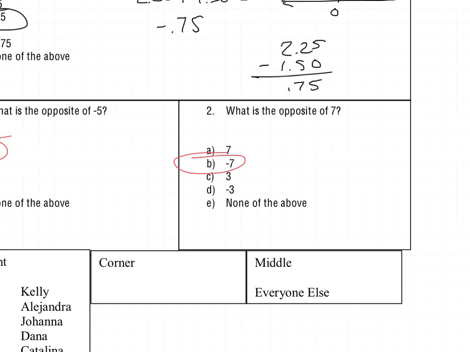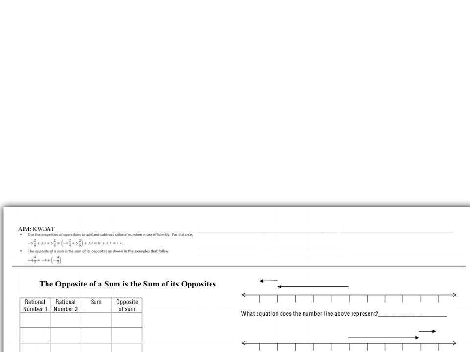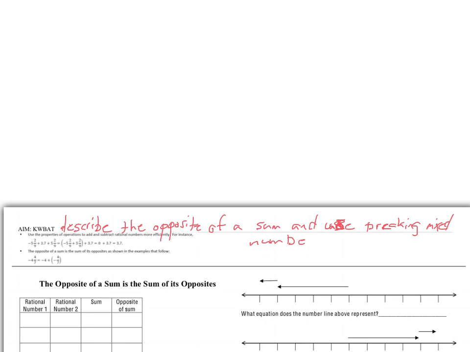All right, let's flip on over and aim for today. Our aim for today, Kipsters will be able to describe the opposite of a sum and use breaking mixed numbers down.